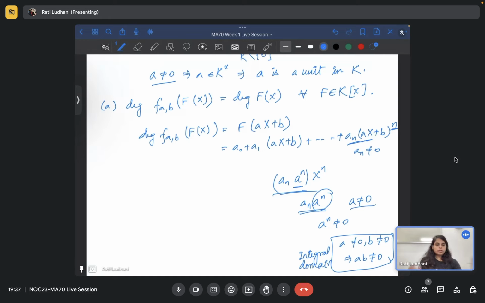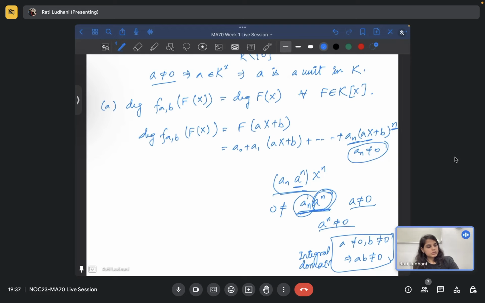Since a is not equal to 0, the product a times a and so on will be non-zero. And you know that you started with f with a_n not equal to 0. So again, multiplying two non-zero elements will be non-zero, because you are in an integral domain. A field is always an integral domain.